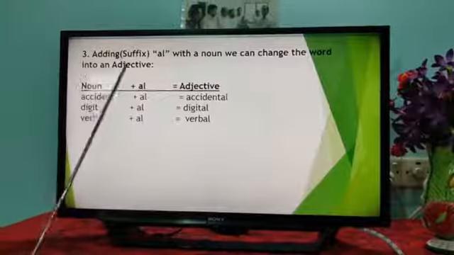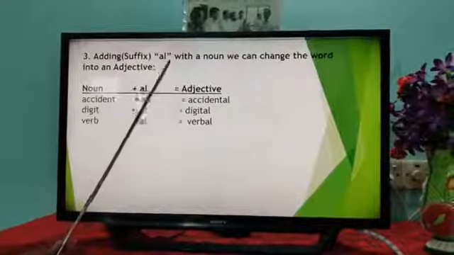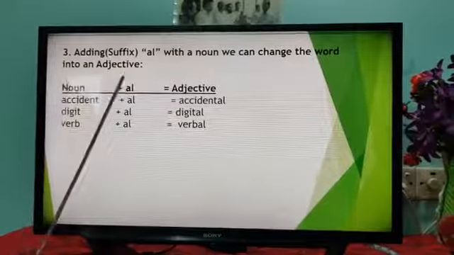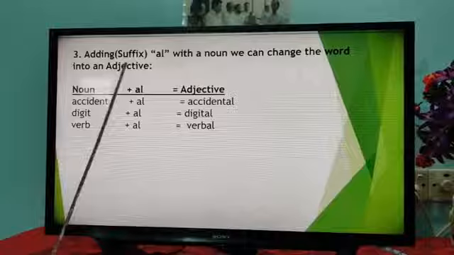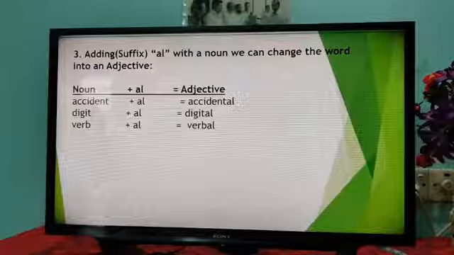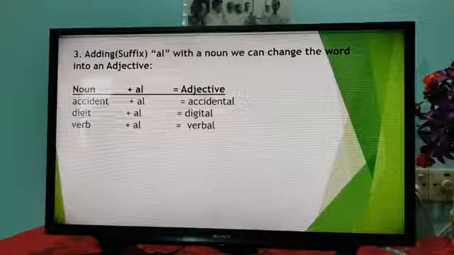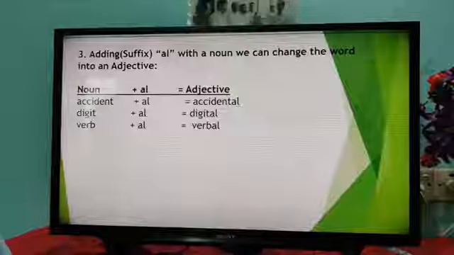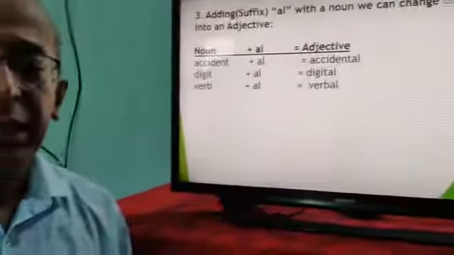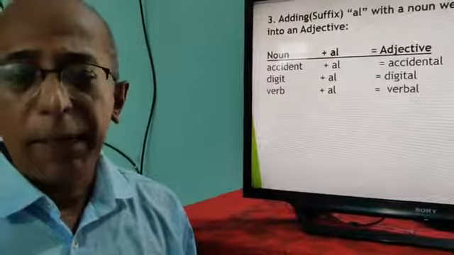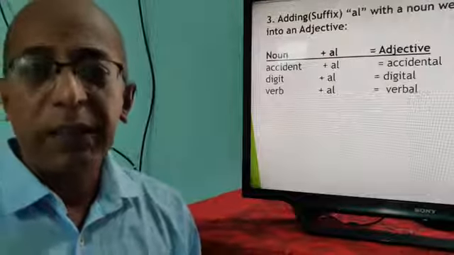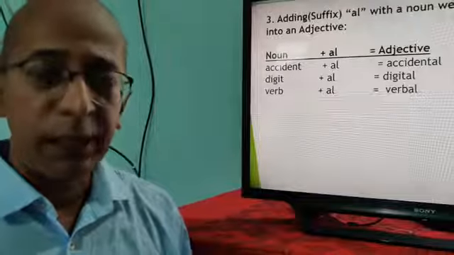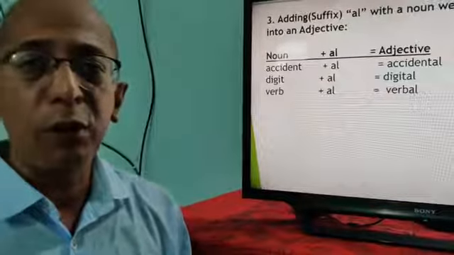Number three, adding suffix al with a noun, we can change the word into an adjective. Able, al, ful, ible, ous, these suffixes are used to form adjectives.